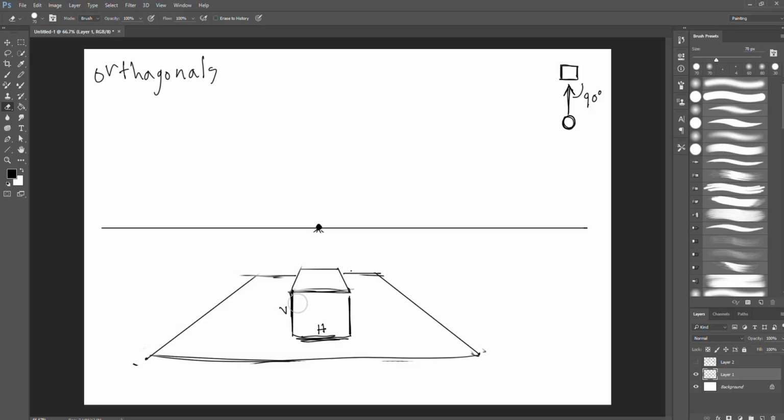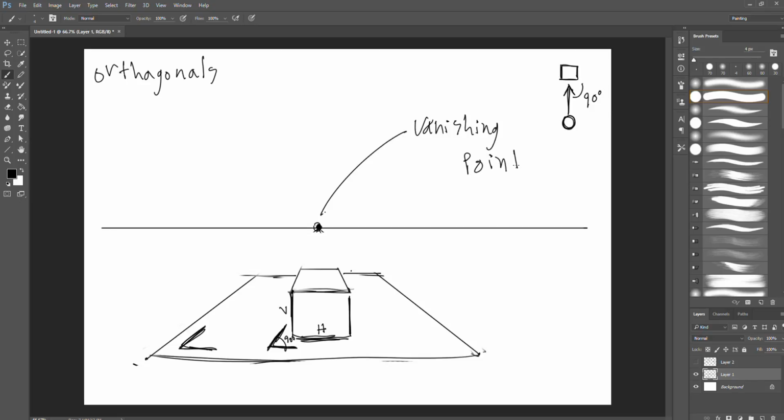As long as these objects are at right angles to each other, perpendicular to each other, so that this box is square, again, 90 degrees, with the angle of this table, then all these lines will be parallel, and so they're all going to recede to the same point. And we call that point the vanishing point.